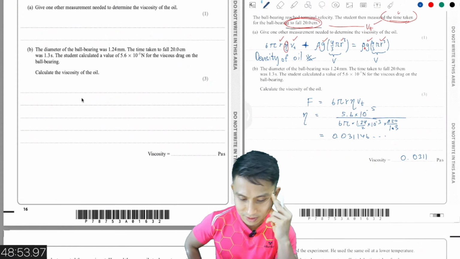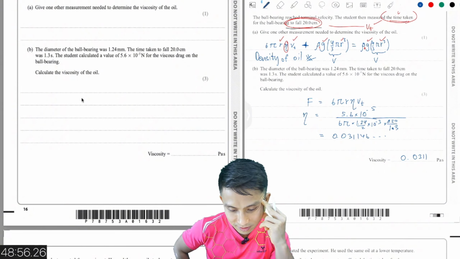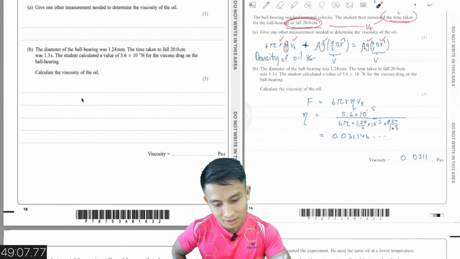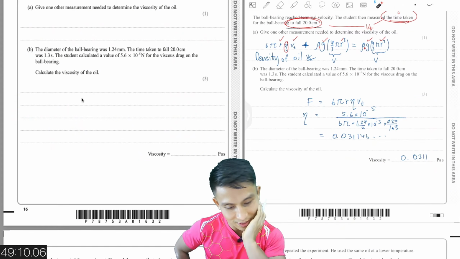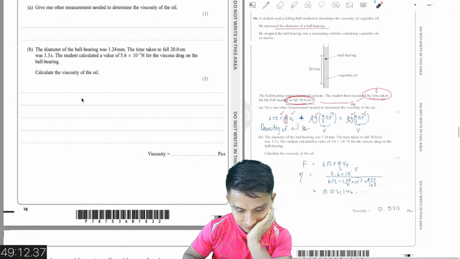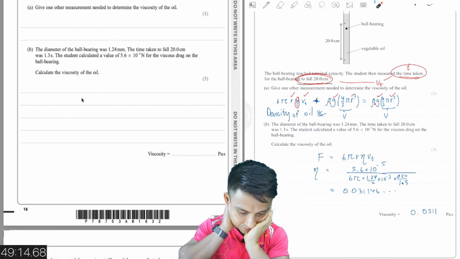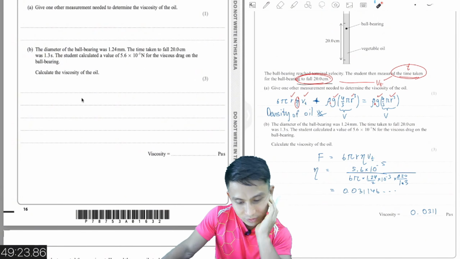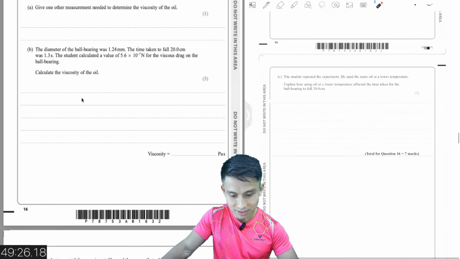Okay, so that means the other measurement, I think density of oil would be fair because it would allow you to find the force here. If we know the density here, we just plug it in there, and yeah, is that right? Yeah, I'm going to keep the answer like that.